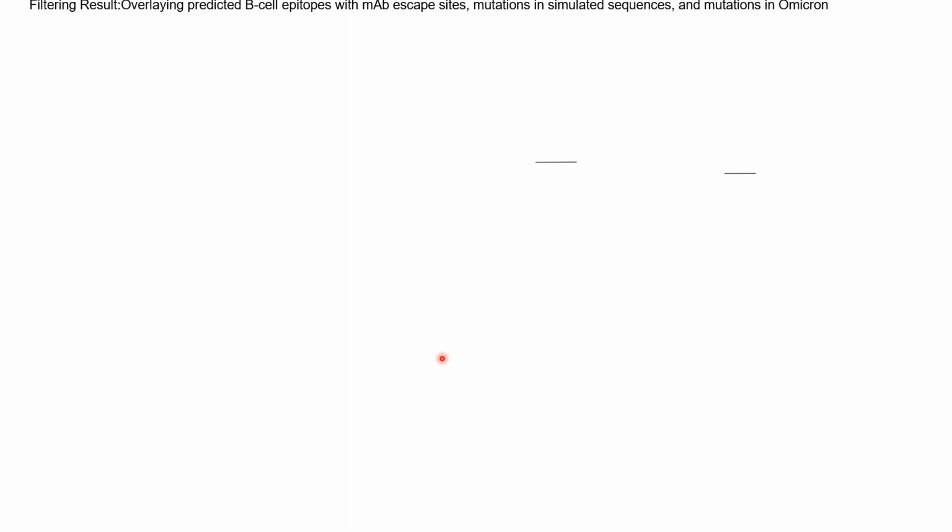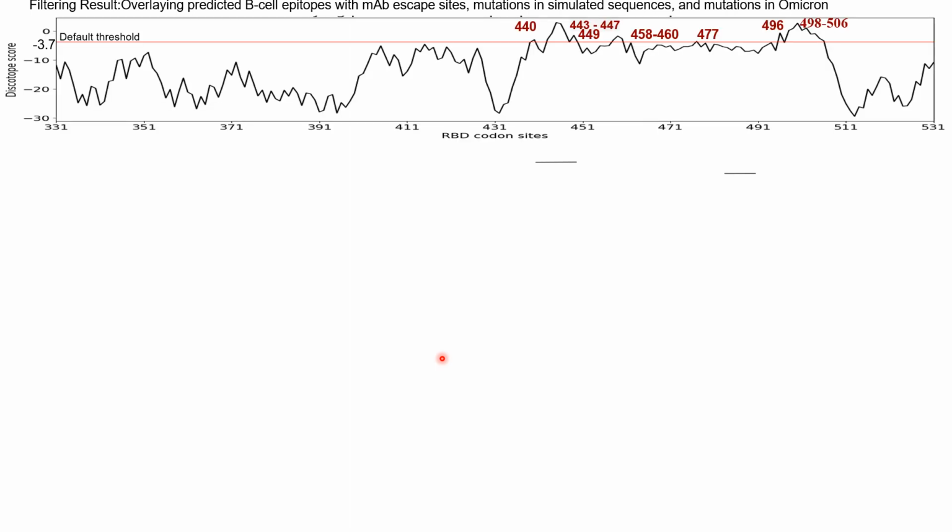Lastly, we use all these results together for filtering mutations in the spike protein for the simulated sequences, particularly in the RBD domain. The first set of filters is from the DiscoTope result, with the x-axis representing the RBD codon site and the y-axis representing the DiscoTope score for this particular plot. Here we can see the peaks, or the sites identified as B cell epitopes above the default threshold, labeled, and we can also see interesting patterns in these peaks.